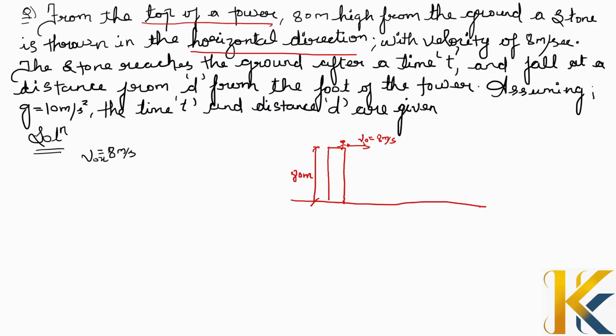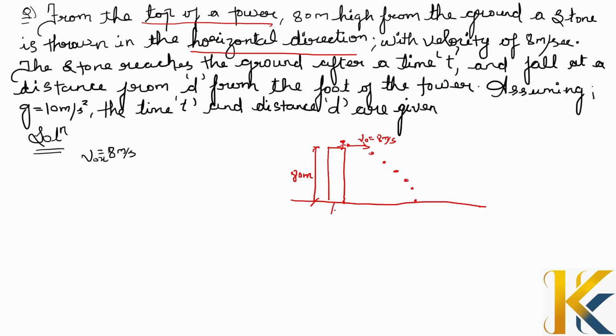Now the stone will reach the ground. Obviously it will reach. So it will have different positions, right? It will be here for some time, another time it will be here, some other time it will be here. So it will reach some position on the ground.